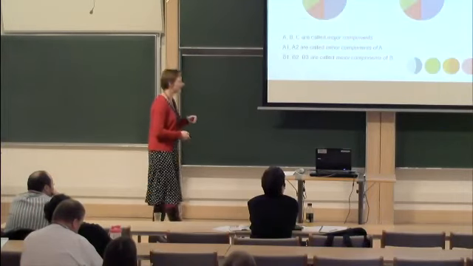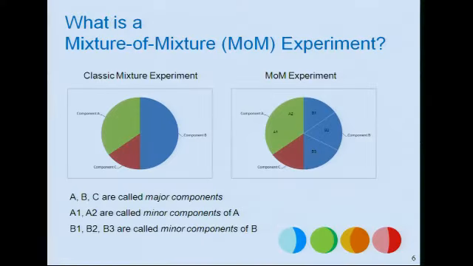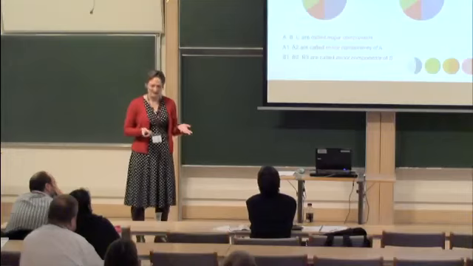I'll show you a clearer diagram on that in a moment. So your mixture of mixture design, as the name suggests, is a mixture of several mixtures. So you might have 3 different components that in themselves are mixtures that you then mix together to make up the whole thing.